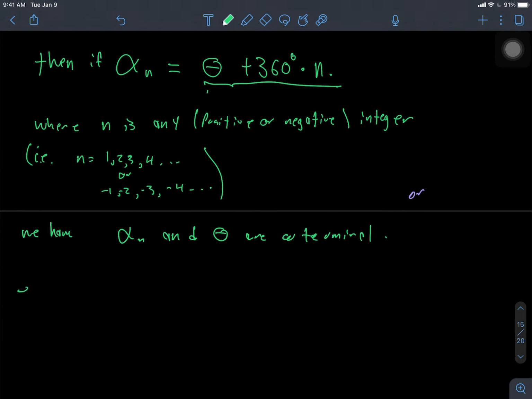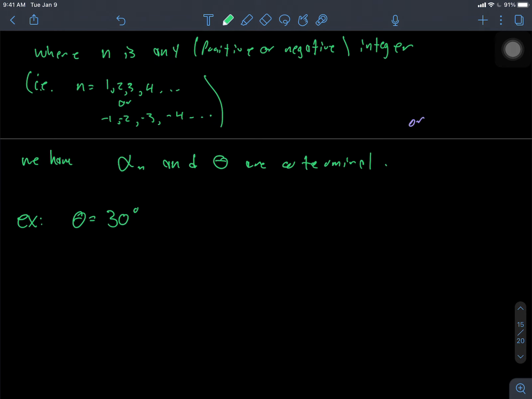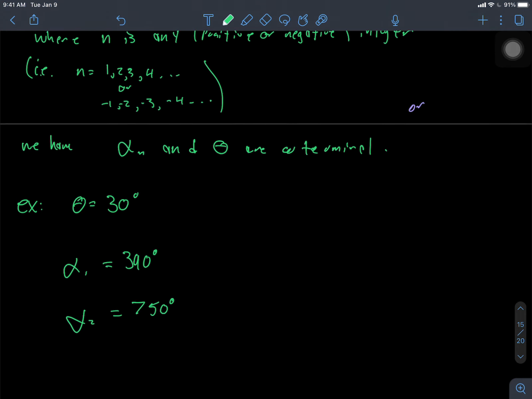So, for example, if theta equals 30 degrees, then alpha 1 would be 390 degrees. Alpha 2 would be that plus 360 degrees. Geez, what would that be? 390 plus 360 would be 750 degrees.